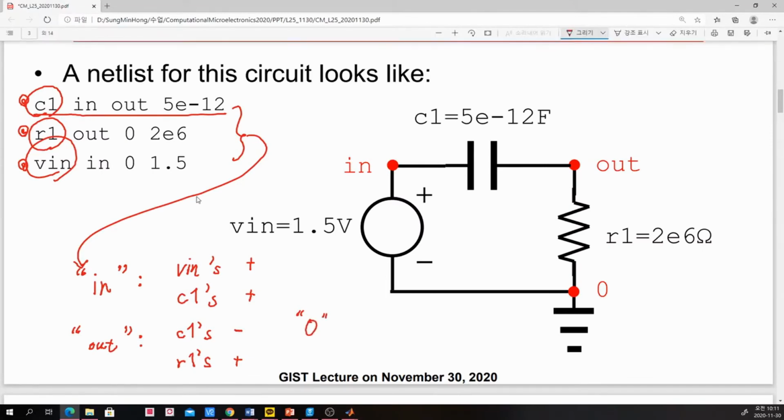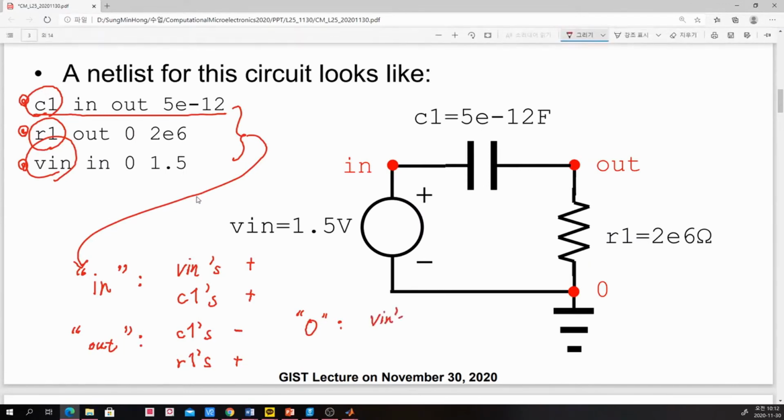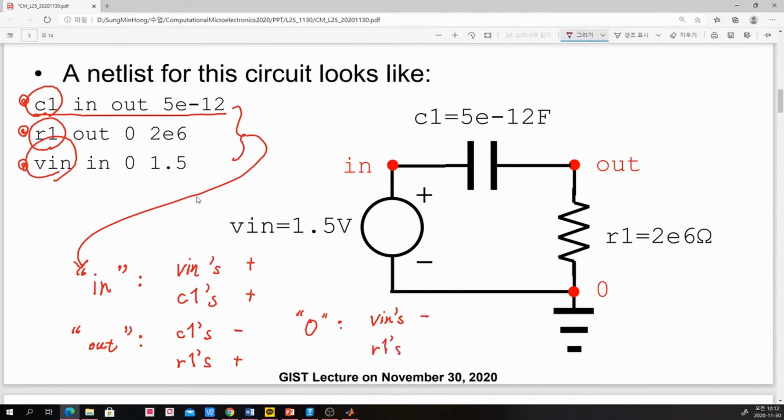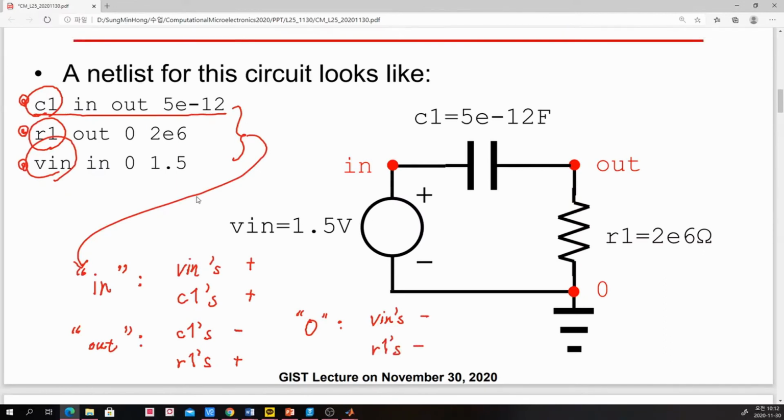Also finally for node 0, we have to understand V in's negative terminal is connected to the ground node, null node, and also R1's negative terminal is connected to the ground node. We have to keep this information. However, the netlist does not give us that information explicitly.